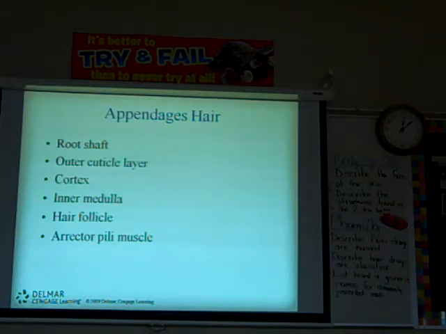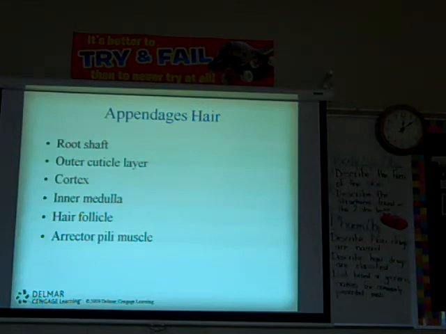I don't think we talked about hair yesterday. Hair has a root and a shaft. The root is what is actually in the skin. The shaft is what is coming out of the epidermis, which you can actually see. Then there's the cortex, which is the outer part of the shaft, and then the inner medulla, the most inside, or the core.